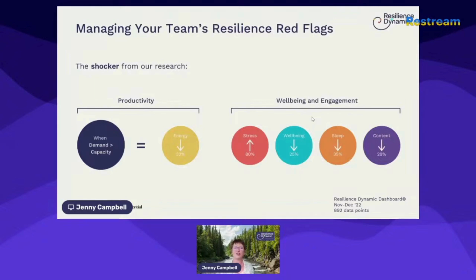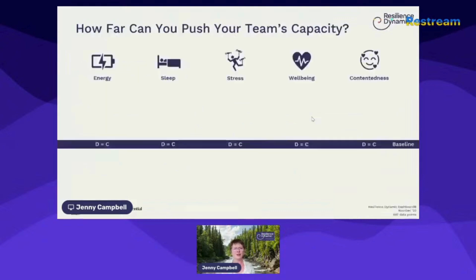Now I'm going to take you through the implications of different ranges of that demand capacity against all these drivers. So productivity, demand capacity and energy, and the well-being and engagement drivers on the other hand. So hold on to your hats. Here we go. Our baseline, when demand equals capacity, okay? The bad news, when demand starts to increase above capacity, so there is a resilience gap, we start to have dips.